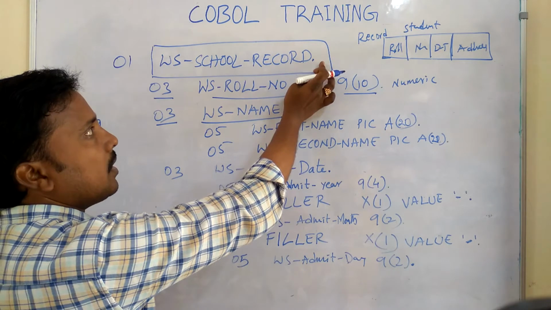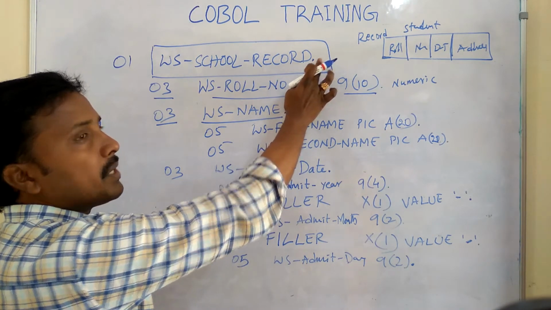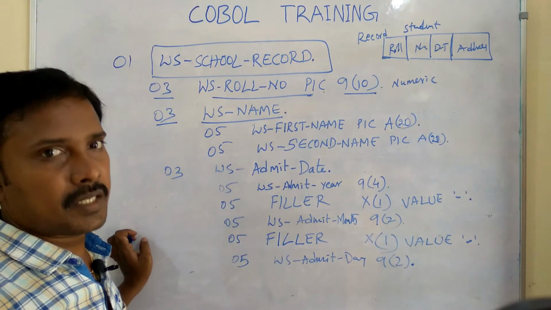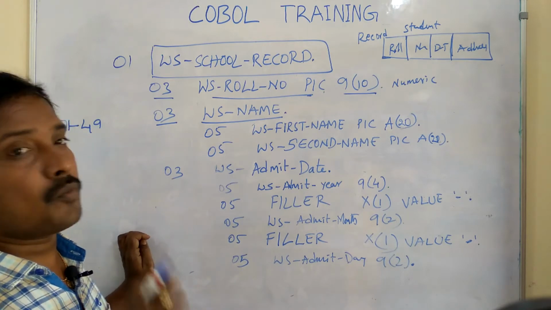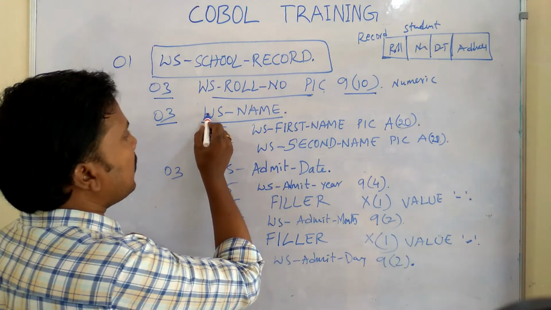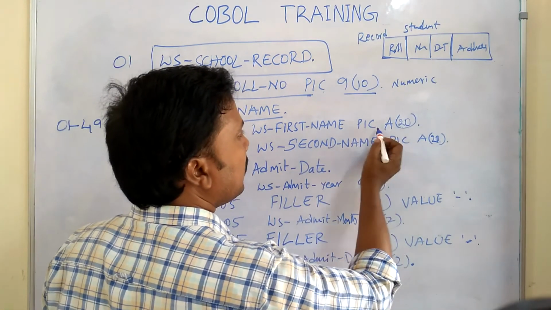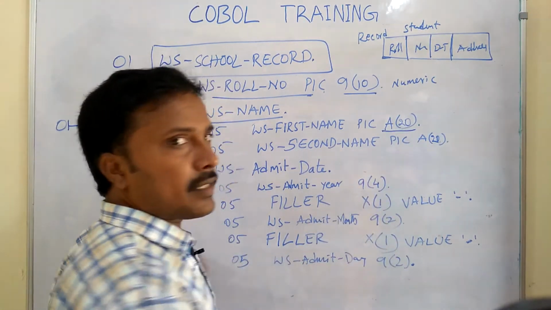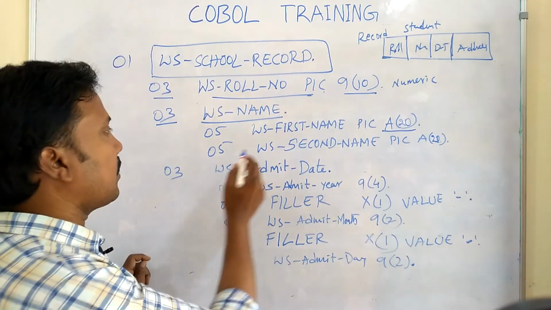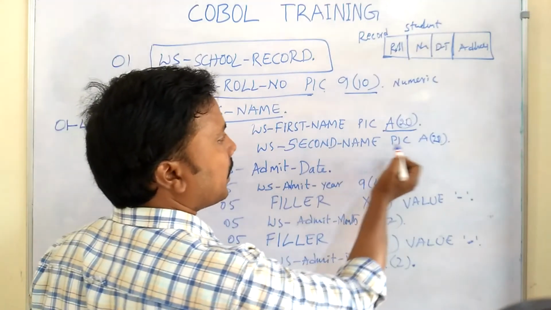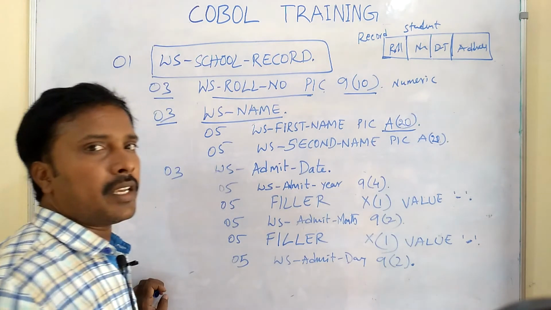See carefully, here we did not mention a picture clause because that is a group variable. So WS-NAME has 05 WS-FIRST-NAME PIC A(20), which takes 20 alphabetic characters, and 05 WS-SECOND-NAME, also taking 20 characters.